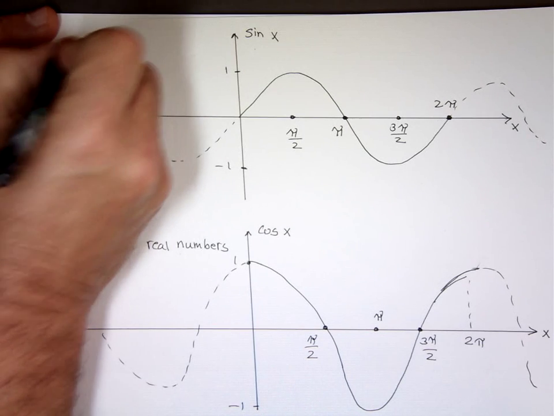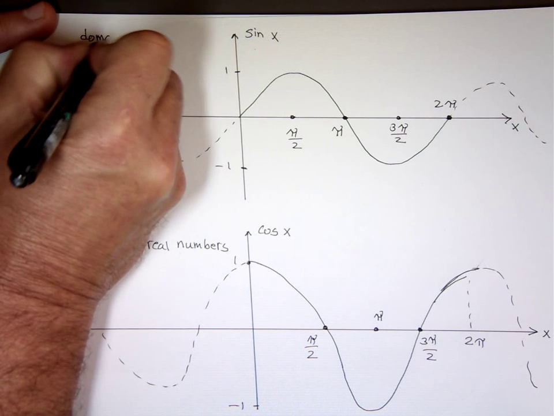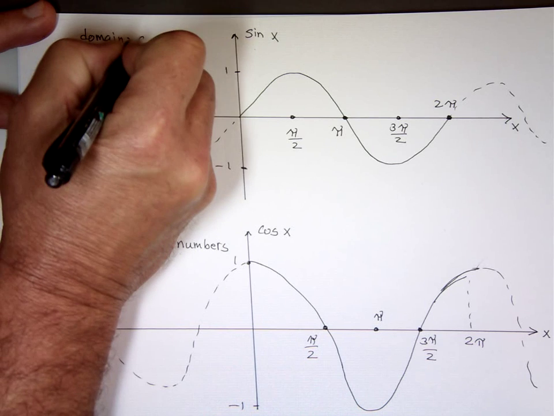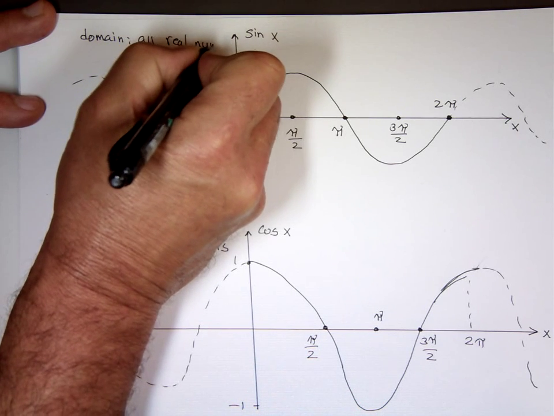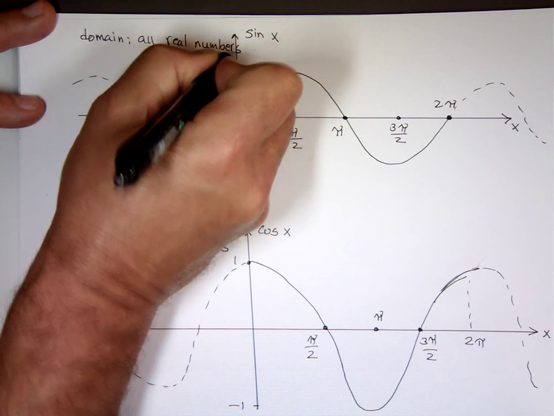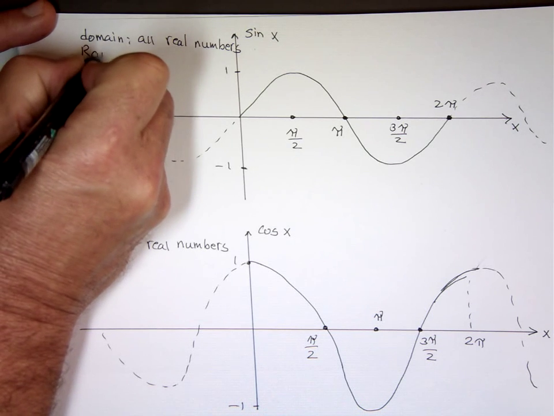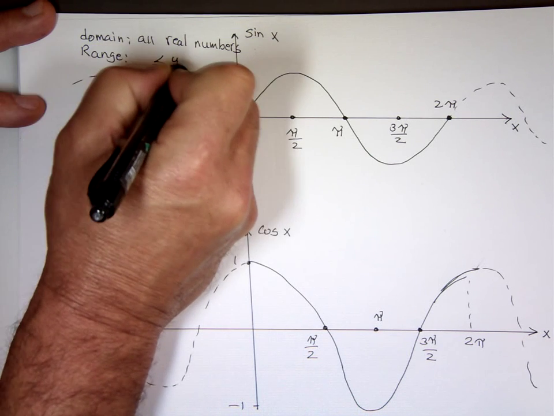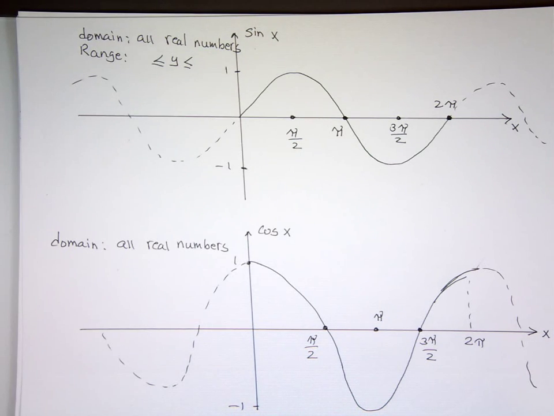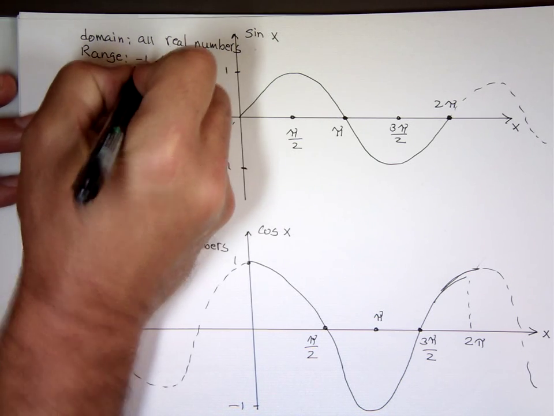So the domain, that's the x value, all real numbers. And what's the range? Where's the y value? From where to where? What's the smallest y value that you see there? -1. What's the largest one? 1.